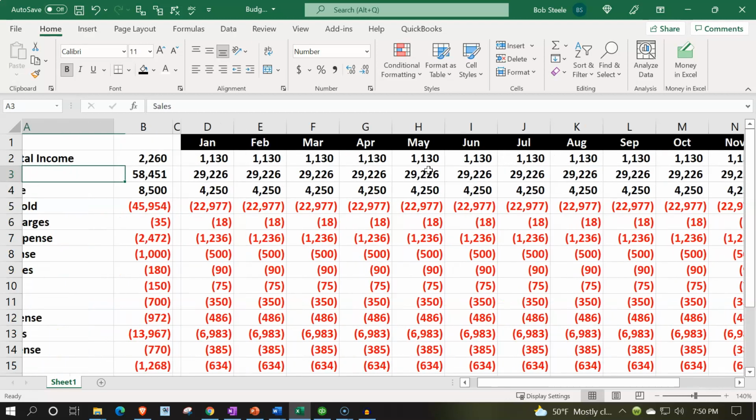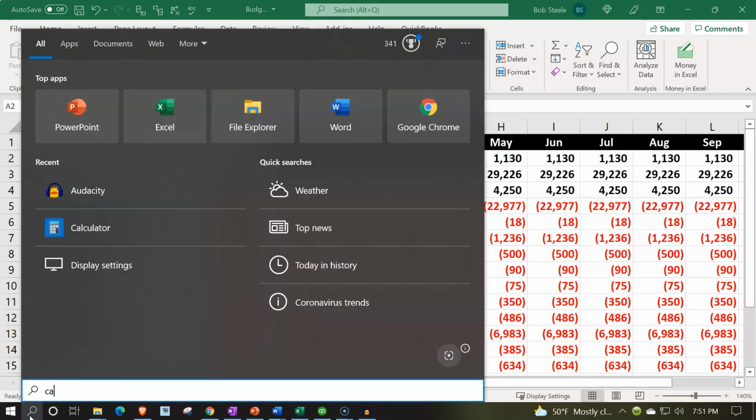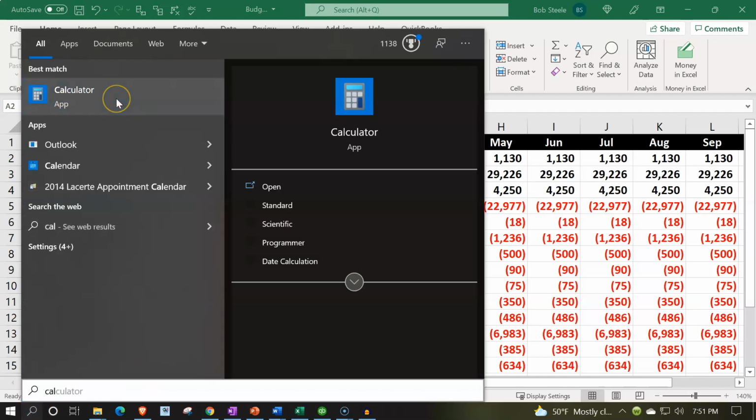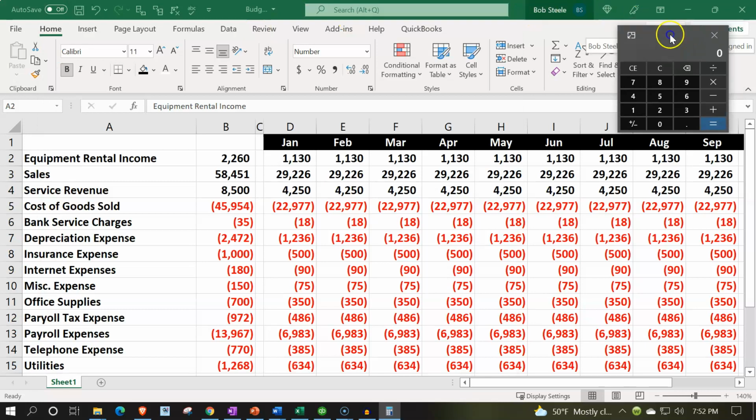So now let's go in and modify some of these items. Now let's imagine that we think that the rental income is going to go up by a certain amount. So let's say it's going to increase by a percentage, like a 5% increase. Let's pull out the trusty calculator and say we're going to have a 5% increase on a month-by-month basis.